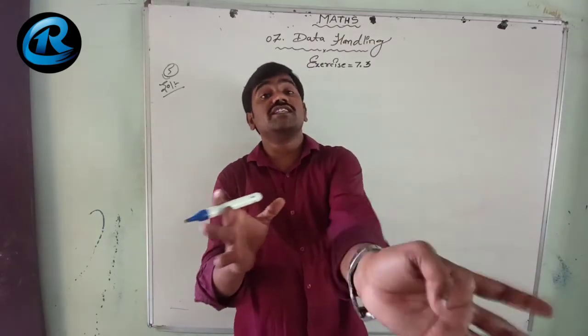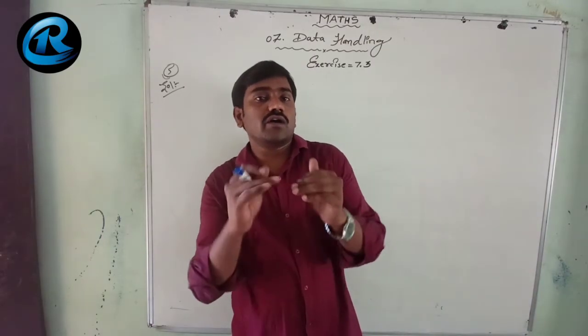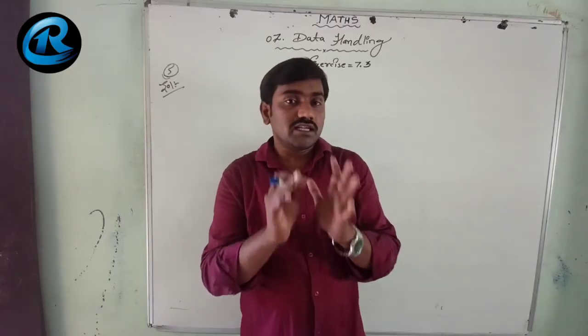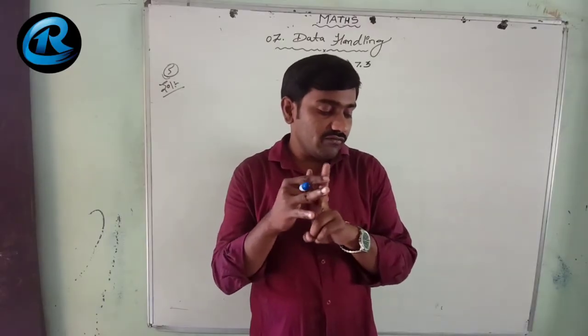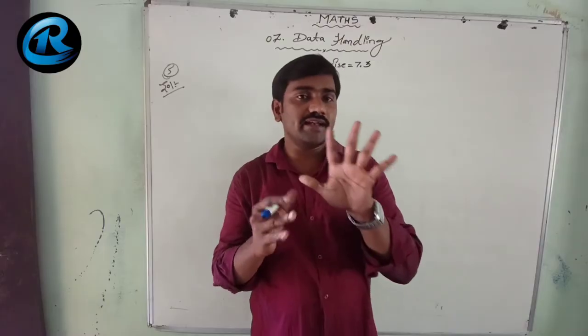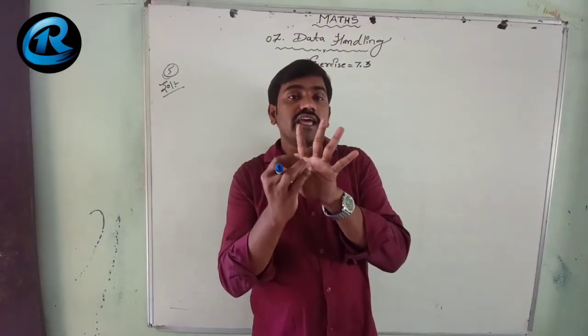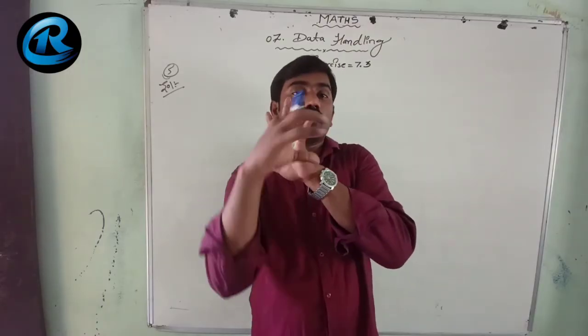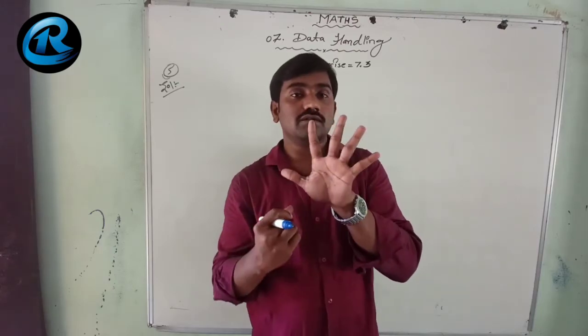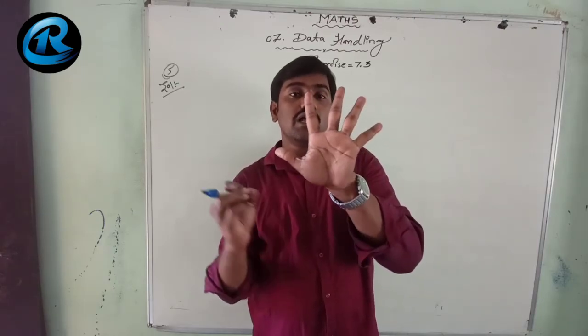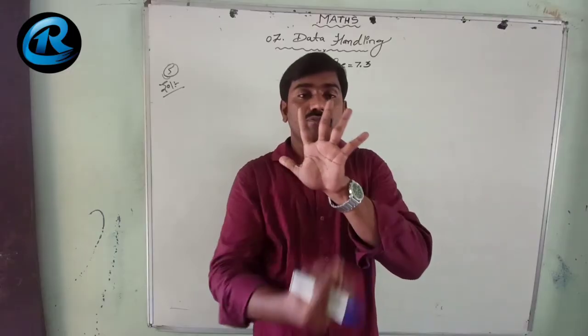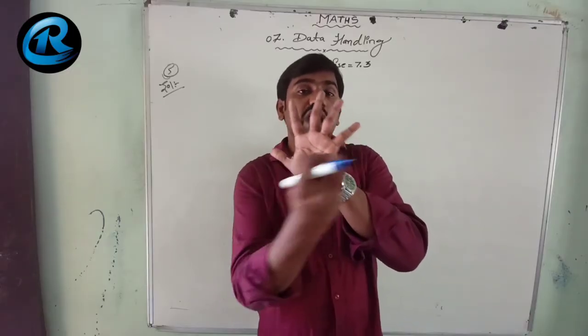Okay, 4 integers are added. Already there is one data: 3, 4, 5, 5, 8. For this data, they added 4 more numbers. Already there are 5 numbers, and again 4 numbers are added here. So what happens if you add the numbers?